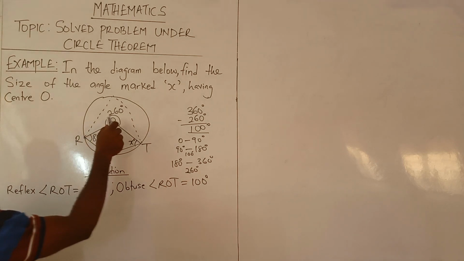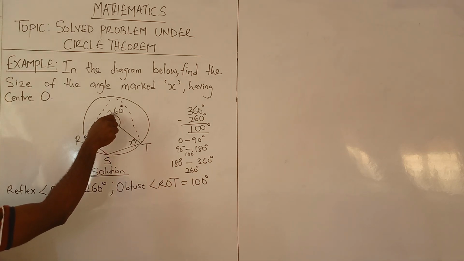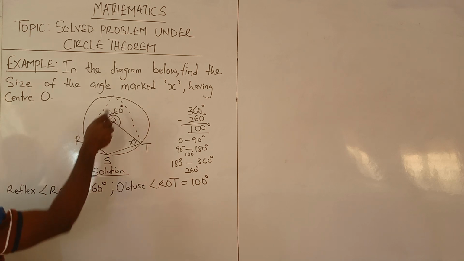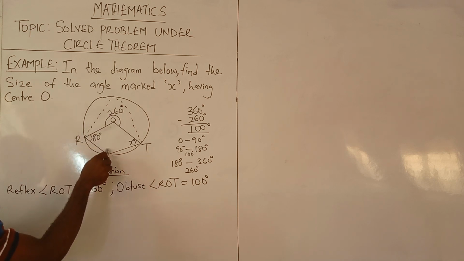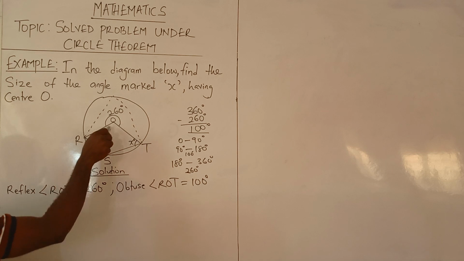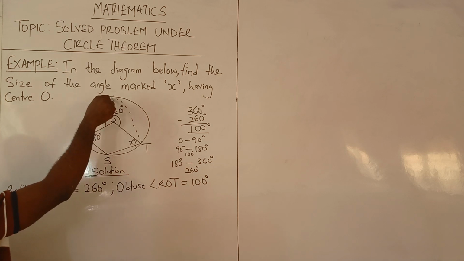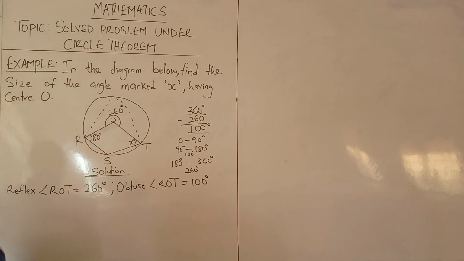The reflex angle here, when you divide it by 2, will give us this angle at the circumference. But this angle in between, which is the obtuse angle, when you divide it by 2 gives us the one at the circumference.